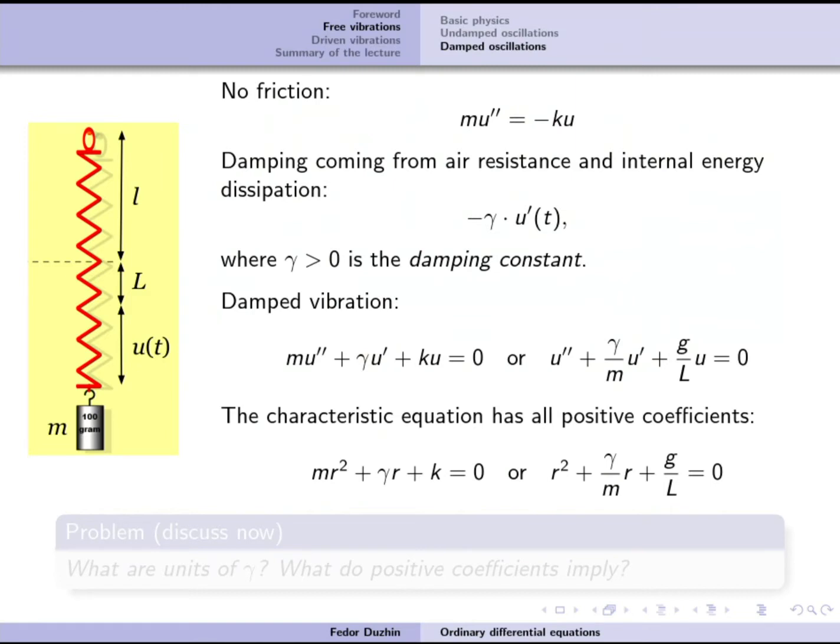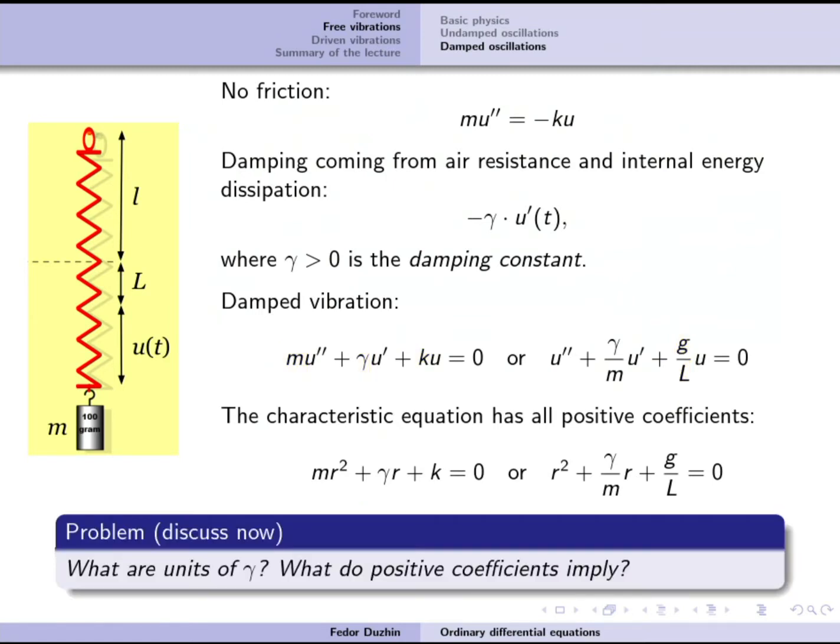So notice that the characteristic equation has all positive coefficients, right? All these numbers: m is positive, the damping constant is positive, the spring constant is positive. Still, everything is positive. So there are two things I want you to figure out.